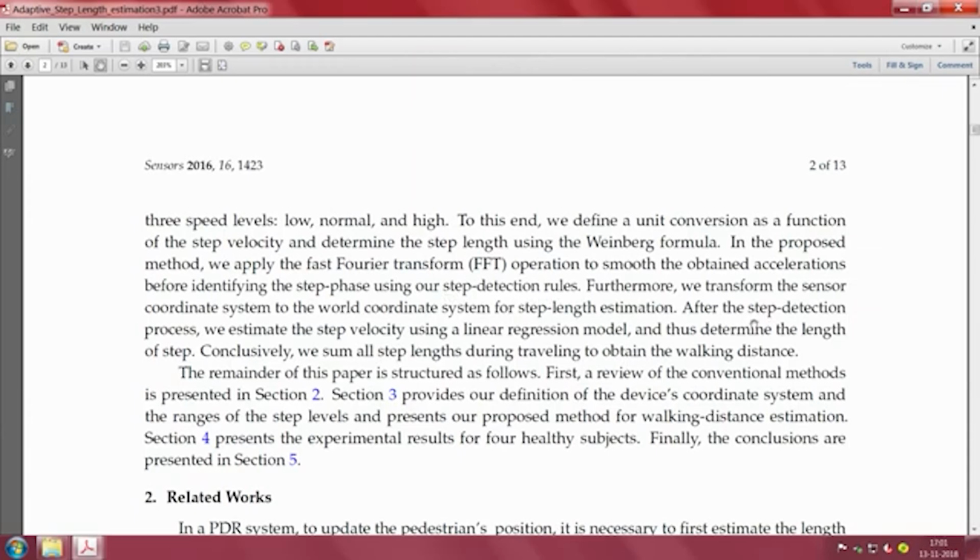Then they transform the sensor coordinate system to the world coordinate system for step length estimation, right, and after the step length process we estimate the step velocity. They use a linear regression model and thus determine the length of the step. Conclusively we sum all step lengths during travelling to obtain the walking distance. So in summary, even before you completely read this paper, this is what this paper captures, okay.